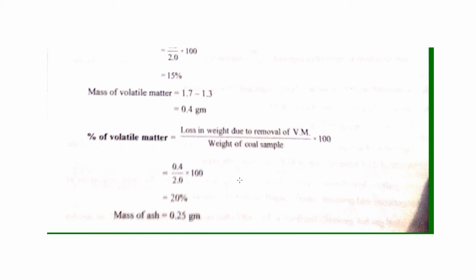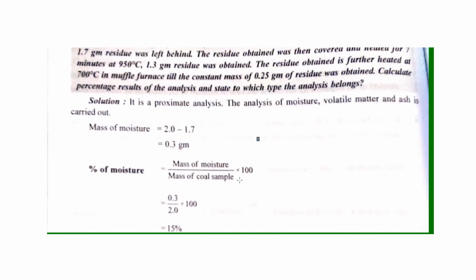Now the ash content. The residue is further heated at 700 degrees centigrade in a muffle furnace till a constant mass of 0.25 gram of residue was obtained. This is the mass of ash. As we know, when coal burns completely, the end product will be ash.